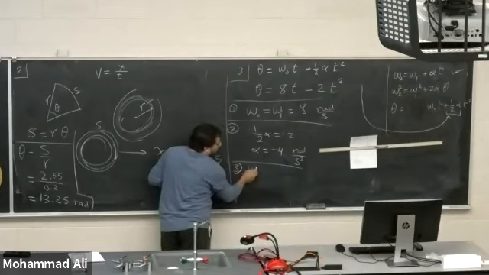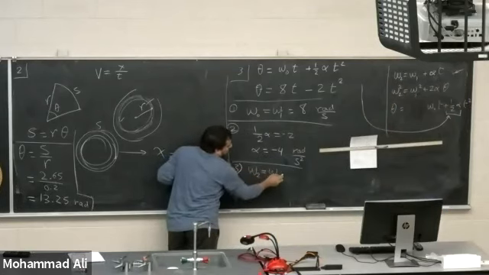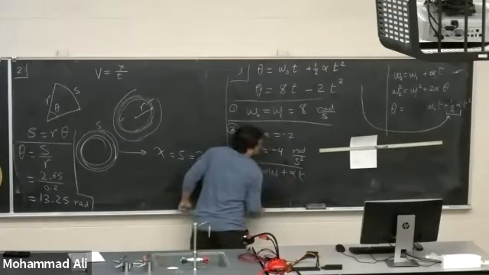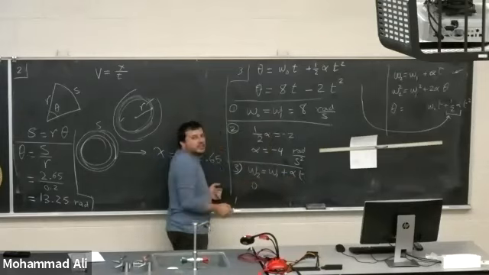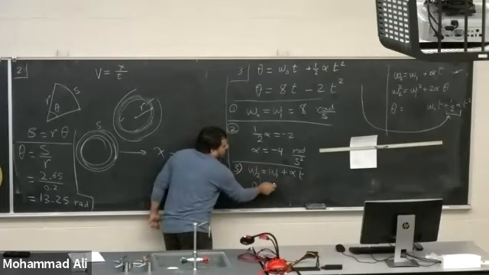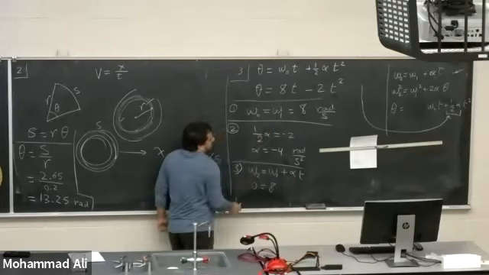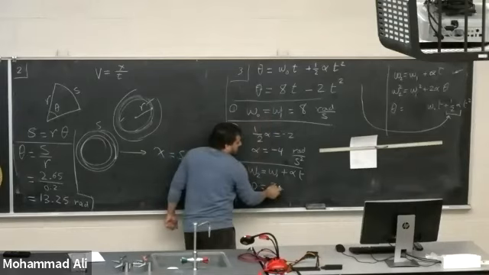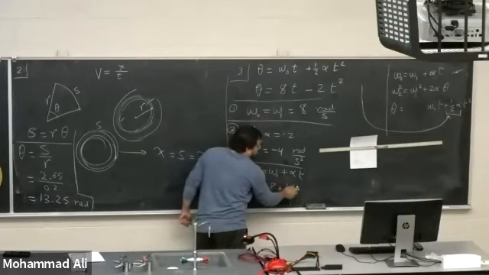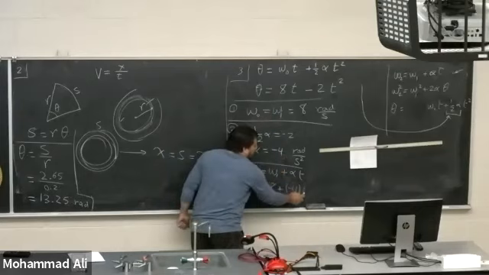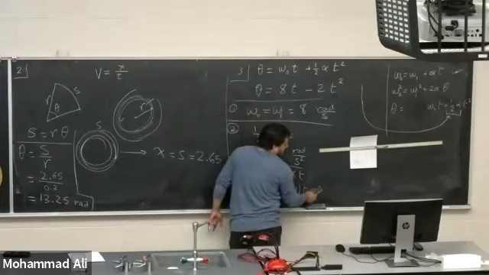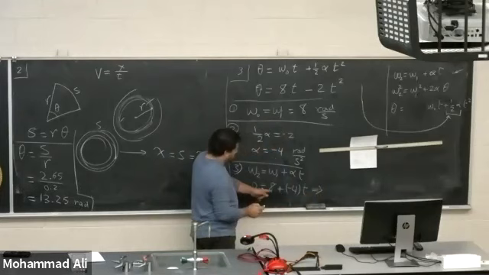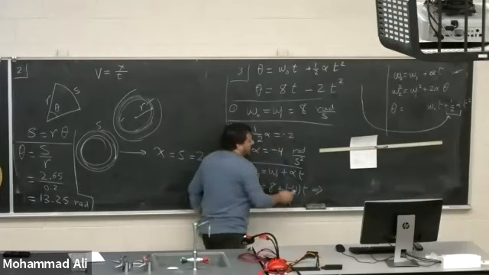We have omega 2 is equal to omega 1 plus alpha t. Omega 2, after stopping, is 0. Finally, it is equal to omega 1, which is 8, omega initially, plus alpha, which is negative 4, as we found, multiplied by the time. From that, we can take 8 to the opposite side.